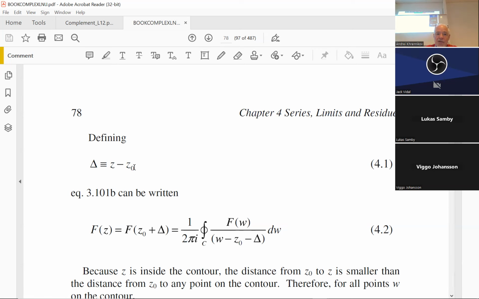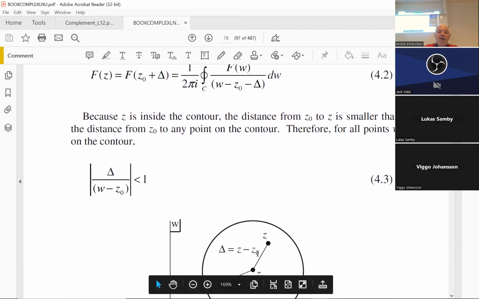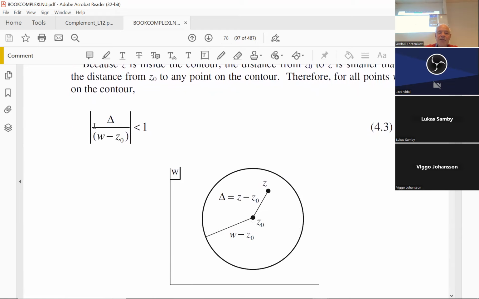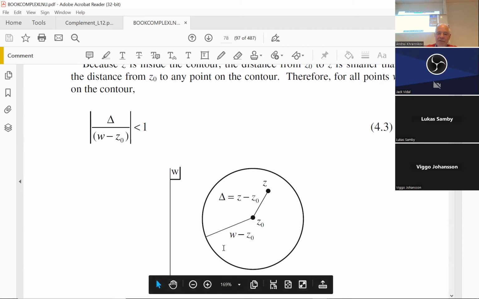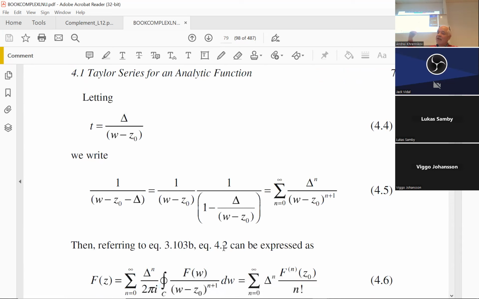The z0 just cancel each other. And we can write in this way. And now we want to see such a circle where we have this. So, yeah. And then what we do more or less as I told, with geometric progression.